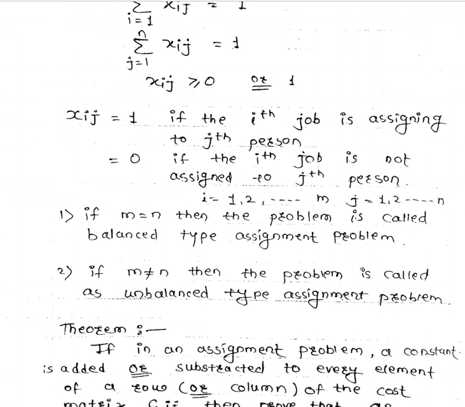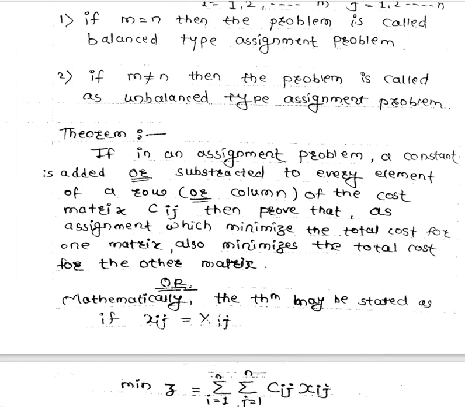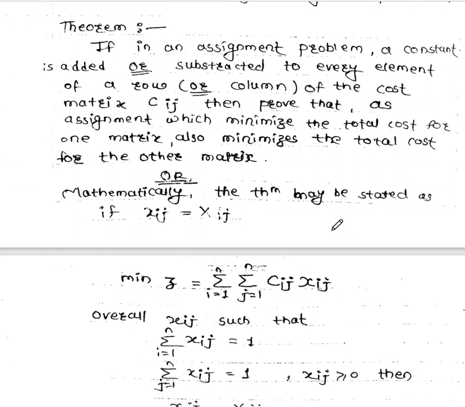Now we will see the next point, that is the theorem of the assignment problem. What is the statement? If in an assignment problem a constant is added or subtracted to every element of a row or column of the cost matrix Cij, then prove that an assignment which minimizes the total cost for one matrix also minimizes the total cost for the other matrix.